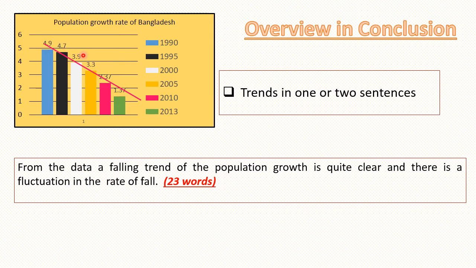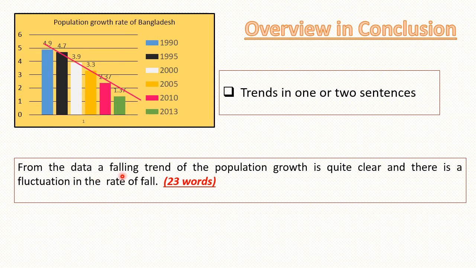So 0.2, 0.8, 0.6, then again the rate increases, 0.93% decrease, and then 1% decrease. That's, we find a fluctuation in the rate of fall, but we find a continuous fall. So we have written the overview in conclusion in this way.